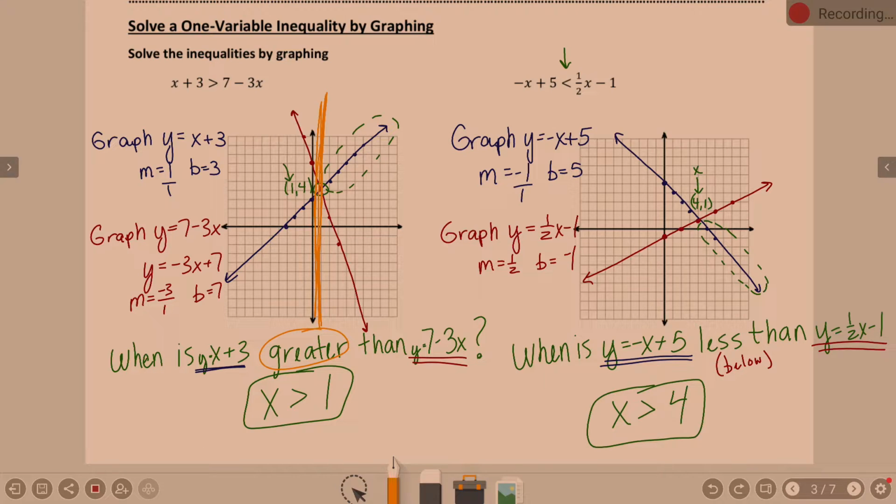So in other words, if I try and get you guys to think about the orange line here again, to the right of 4 is when my blue line has smaller y values than my red line.